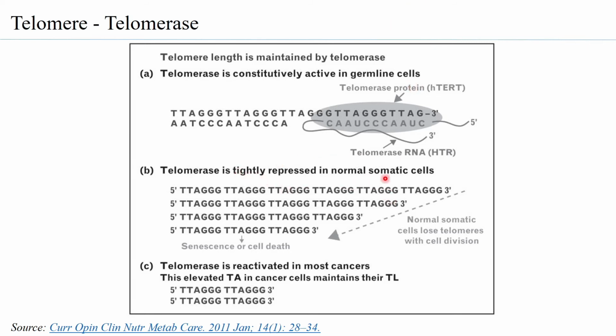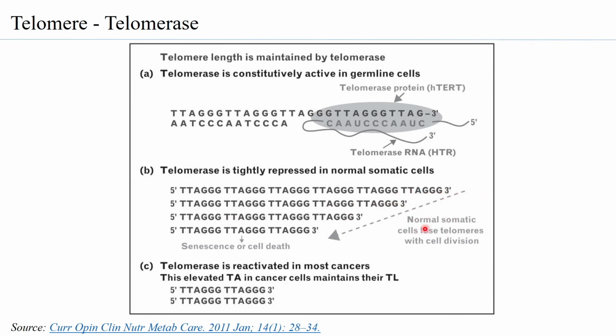But when you talk about normal somatic cells, in normal somatic cells, the gene expression of telomerase does not happen, it is repressed, and so you will not find active telomerase in normal somatic cells. So when these somatic cells undergo cell division, okay, at the end of every replication, what you will find is that the telomeric length is going to shorten because end replication does not happen.